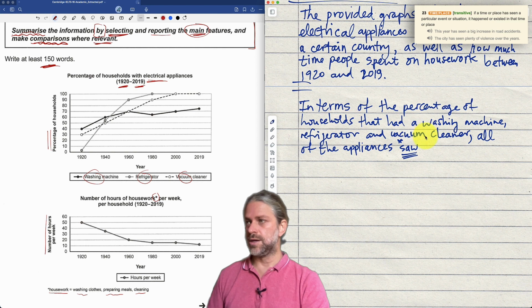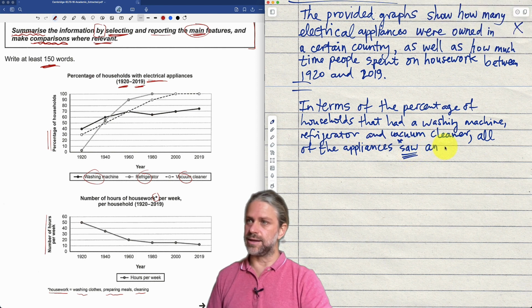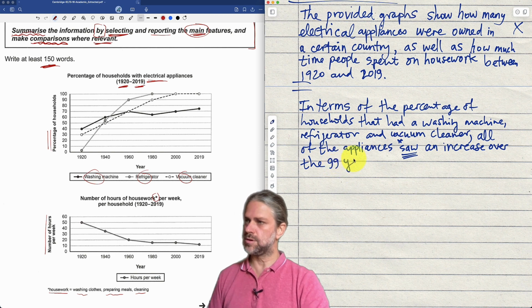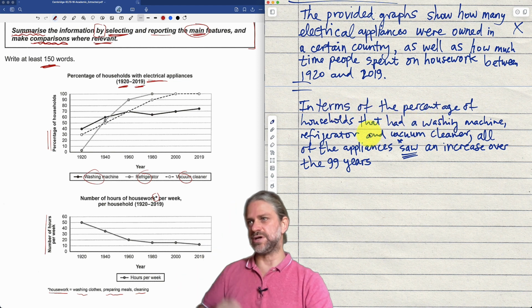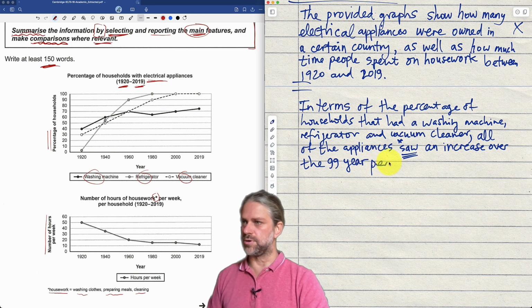Okay, all of the appliances saw an increase over how many years? Over the 99 years. In terms of the percentage of households that had a washing machine, refrigerator, and vacuum cleaner, all of the appliances saw an increase over the 99 years. The 99 year period. Let's just take away the S. Period.